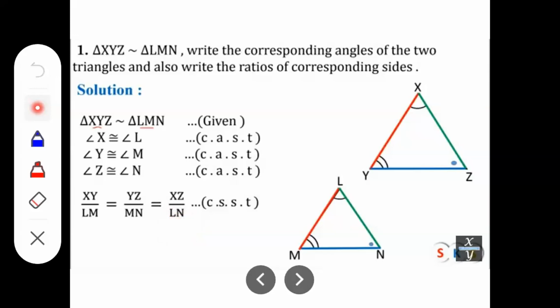So the sides are in proportion. And the reason will be CSST, corresponding sides of similar triangles. That much we have to write: the corresponding angles and the ratio of corresponding sides.